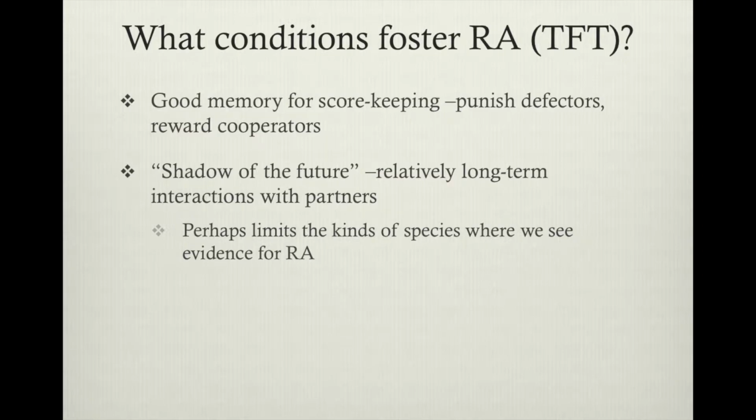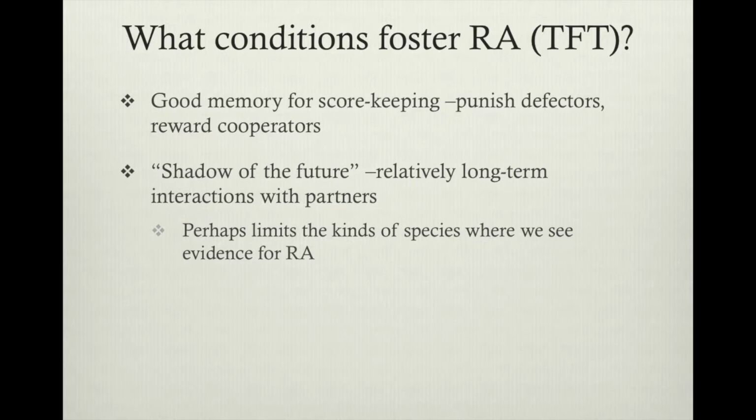We also expect reciprocity to occur when there's a shadow of the future, when you expect to see scenarios where you have relatively long-term interactions with the same partners over and over again. And so this is going to vary based on dispersal patterns, based on lifespan, etc. So we don't expect to see reciprocity emerge in species that have really short lifespans.